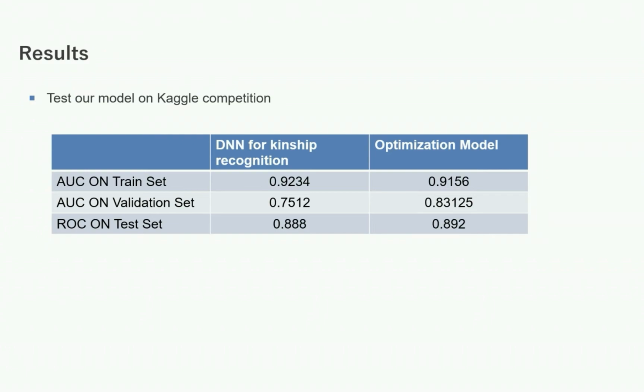We submitted our prediction of the test set on Kaggle and got a score of 0.888 for the foundation model, and the optimized model also gets an improvement, which is 0.892.